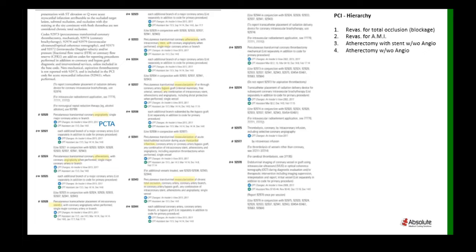Number 4, atherectomy with or without angioplasty. Number 5, revascularization for bypass grafting. Number 6, stent with or without angioplasty. And number 7, angioplasty. That's balloon angioplasty or PTCA.